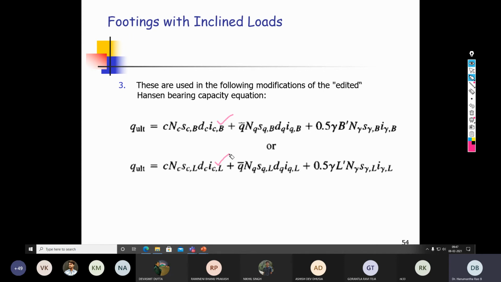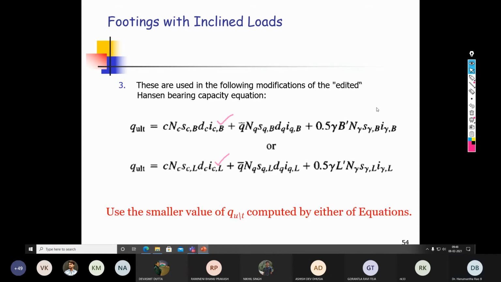If it is not mentioned, there is no problem. In general, it is advisable to calculate Q ultimate with respect to width and with respect to length, and whichever is the least shall be considered as the bearing capacity of the soil. So take the smaller value of Q ultimate computed by either of these equations.